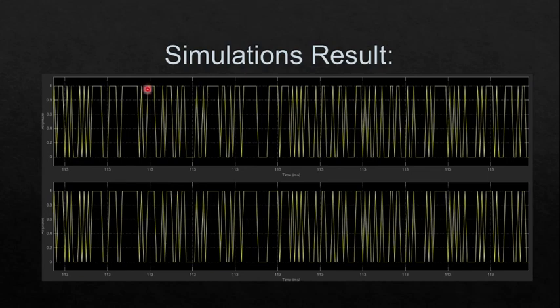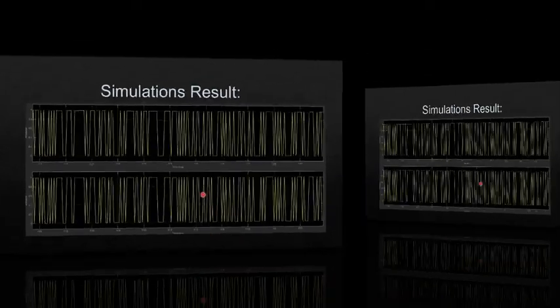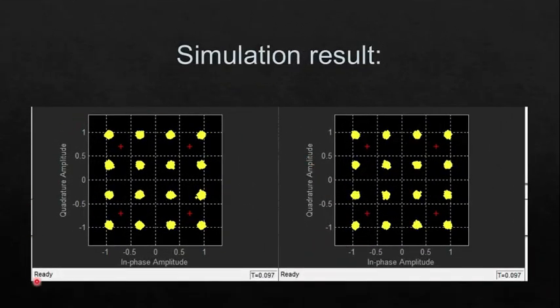As you can see, the data stream that we sent and that we received at the receiver end are the same. And we can also see from the scatter plot that our reference output and our desired output scatter plot in the XY plane are the same.